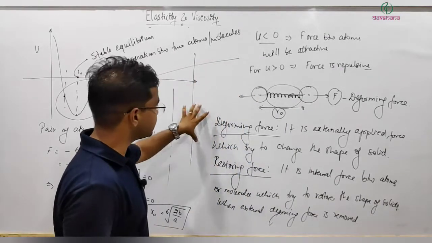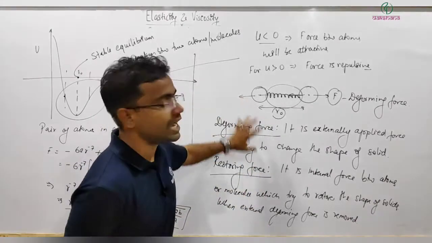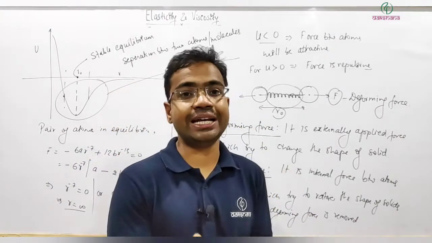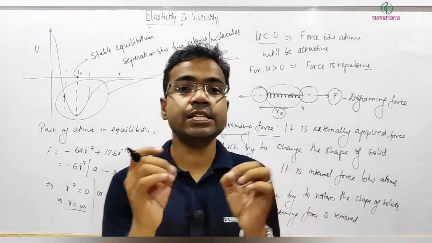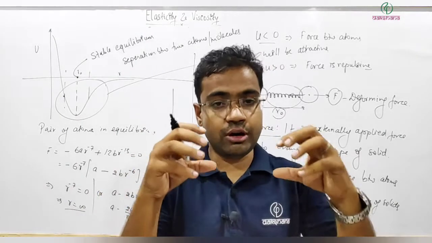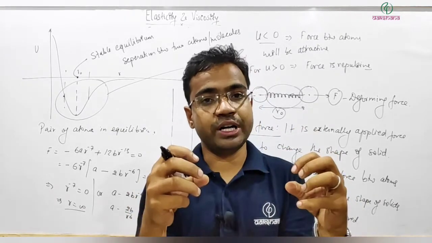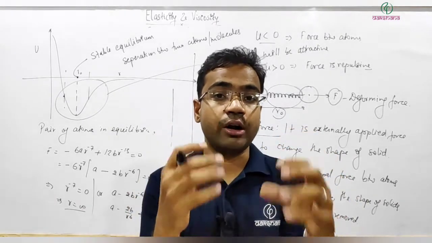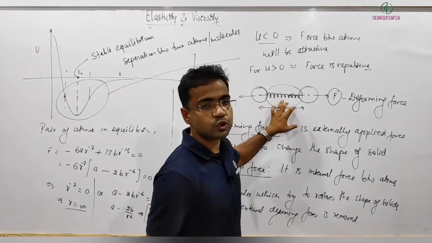So this is just about deforming force, restoring force, and exactly what is happening inside a solid at the molecular or atomic level. Inside the solid, each pair of molecules or atoms is bonded together by one bond, and this bond we can understand as equivalent to one spring.